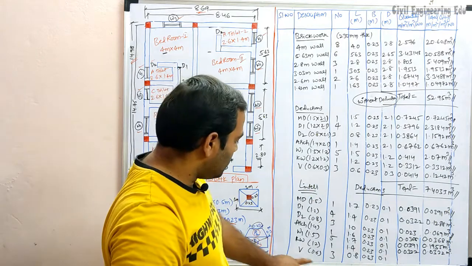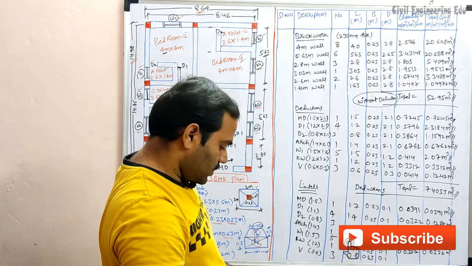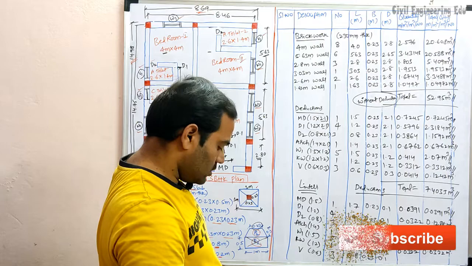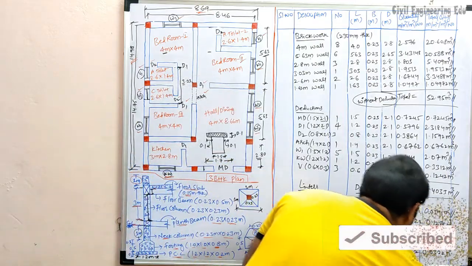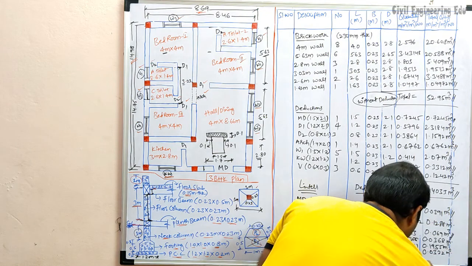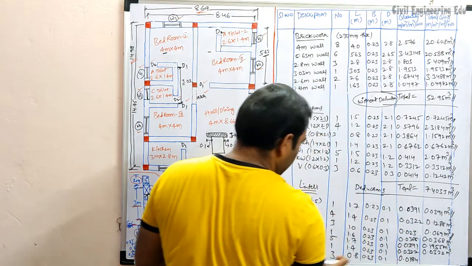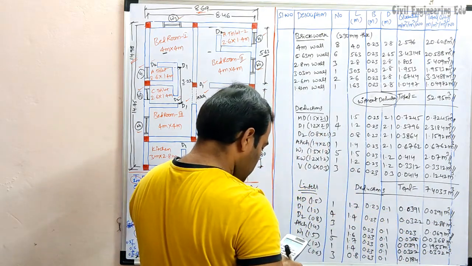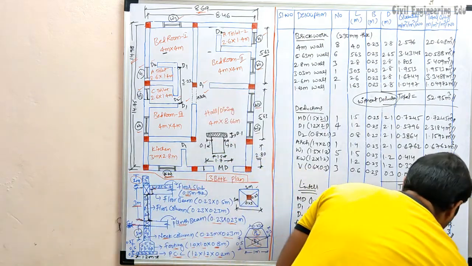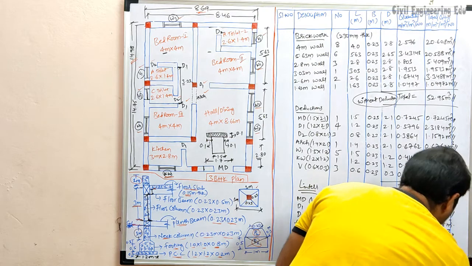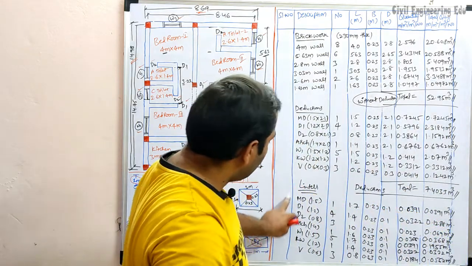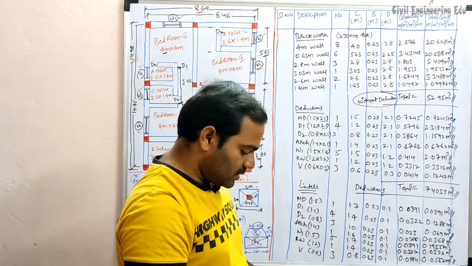Next one will be last one, 0.8 into 0.23 into 0.1. So 0.0184 multiplied by 3 numbers, 0.0552 meter cube.